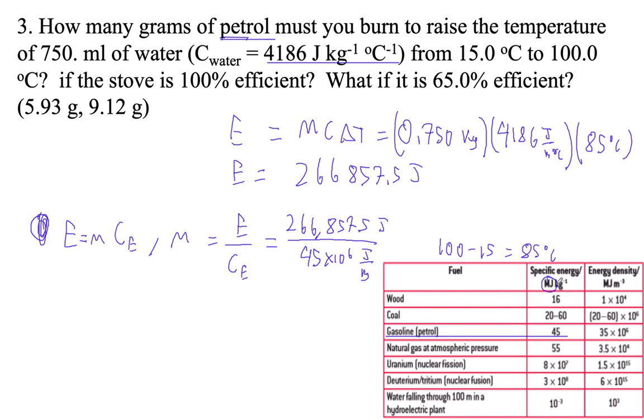Okay, so let's do this. I'm going to divide what's on my calculator by 45E6, and I get that the mass, if it's 100% efficient, that is, if all this energy from burning this coal, or petrol, sorry, goes into heating up the water, then the mass you need is 0.00593016667.